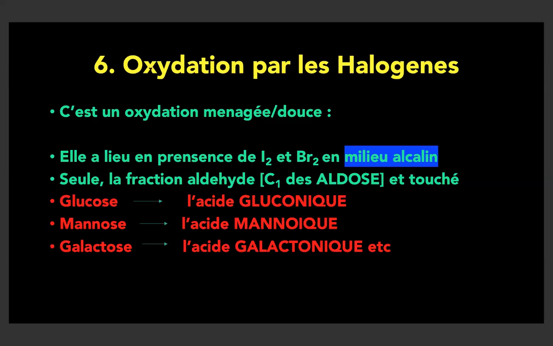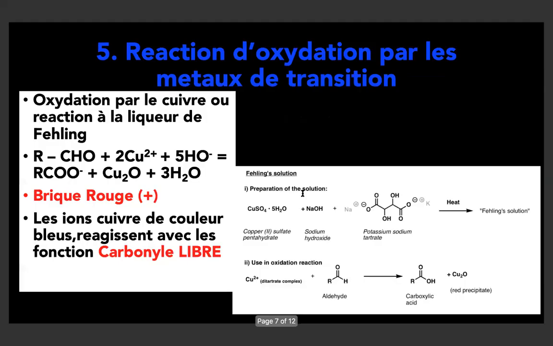So when you have oxidation by halogens, the positive reaction starts here. The first reaction, when a glucose molecule, a glucide, reacts with copper ions, forms a brick-red precipitate.